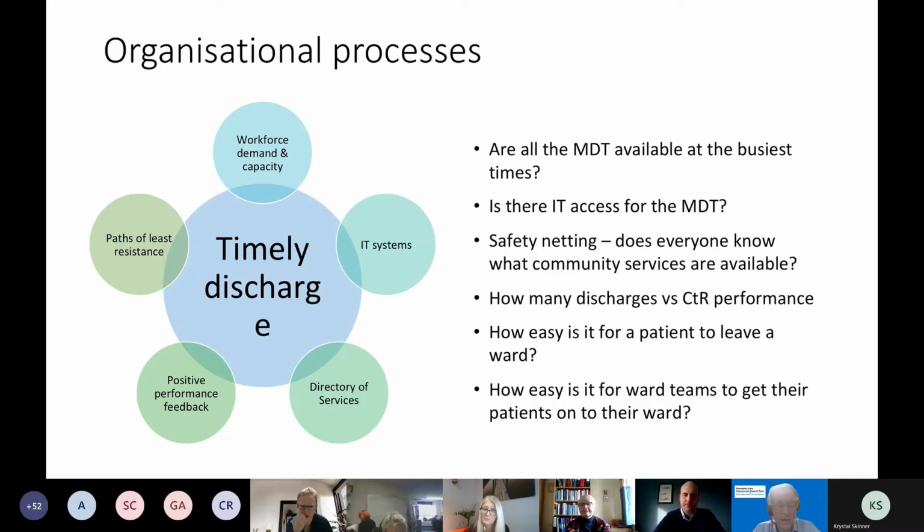The other thing I wanted to highlight, because we in ESIST often get tarnished with a similar brush for those people on the wards in more operational roles.